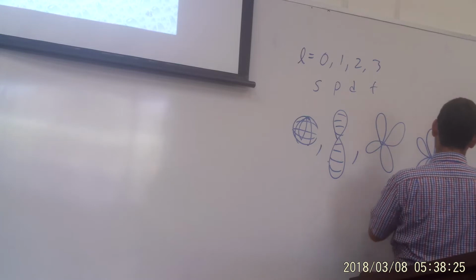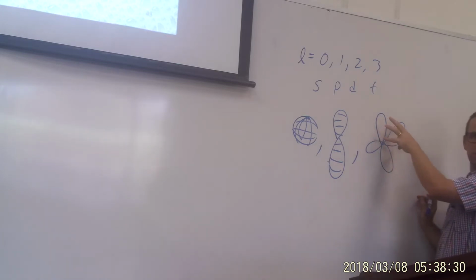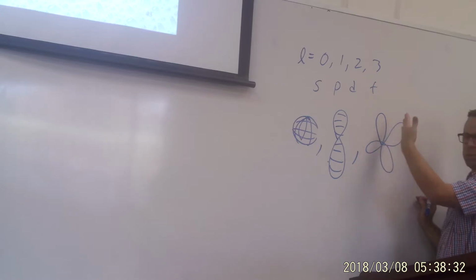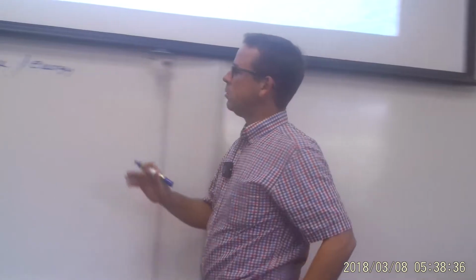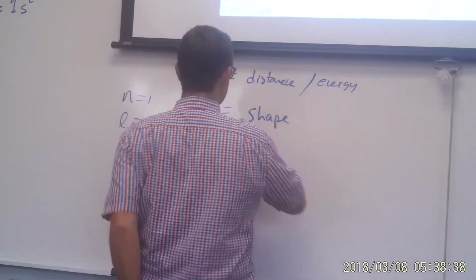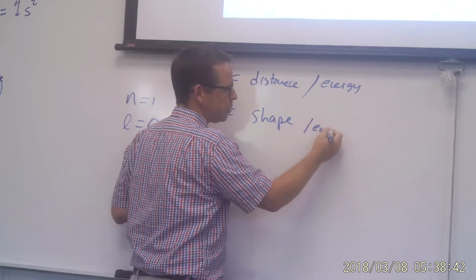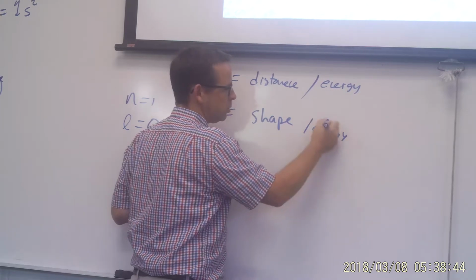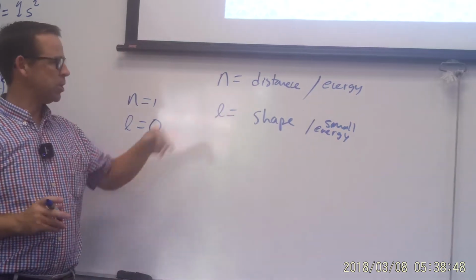It's a 3-dimensional lobe, or it has twice as many lobes as this, but it's 3-dimensional, so one coming out and one that way. Okay? So, n corresponds to distance and energy, L corresponds to shape, and there's a small energy component as well. So just a little bit of energy. We'll talk about that in the future.